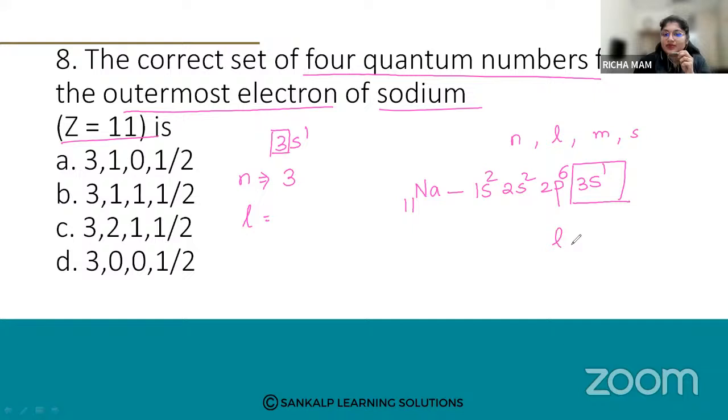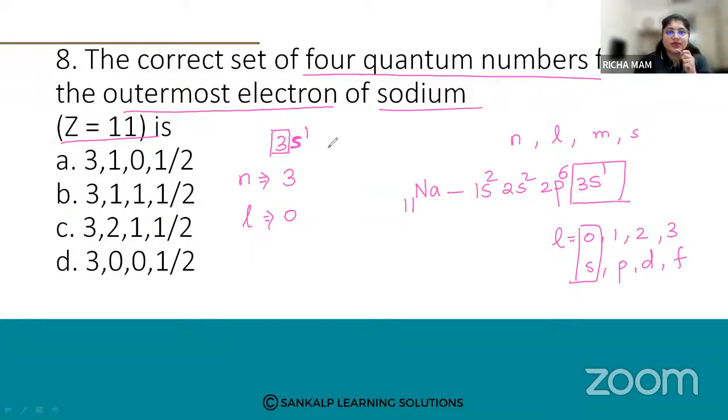L is equal to 0, 1, 2, 3: if it is 0 it is S, if 1 it is P, then D and F. Here it is S, so L is 0.